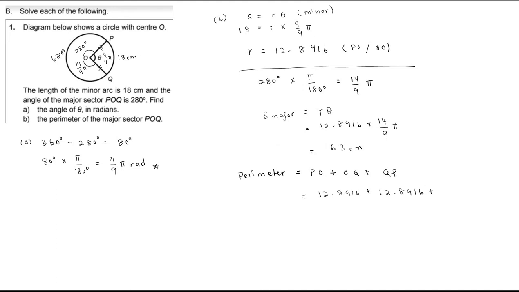And QP is this one, 63. Let's add all of that, and we get the answer 88.78 cm. That is the perimeter of the major sector POQ.